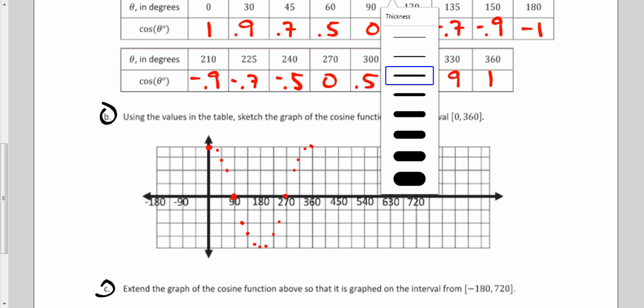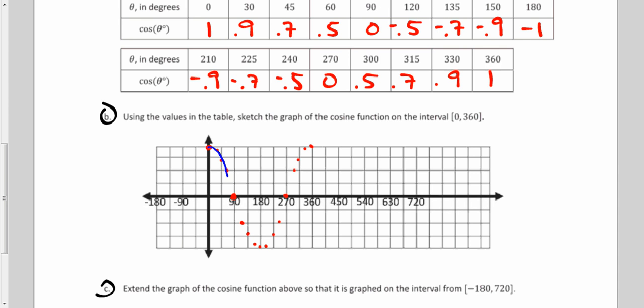Now, if I do a skinny blue line, connect these dots, I do it better when I'm going this way. What does the rest of my graph look like? Do this out to 720. If I do this out to 720, what's it going to do? It's going to do the same exact thing that it did between 0 and 360.